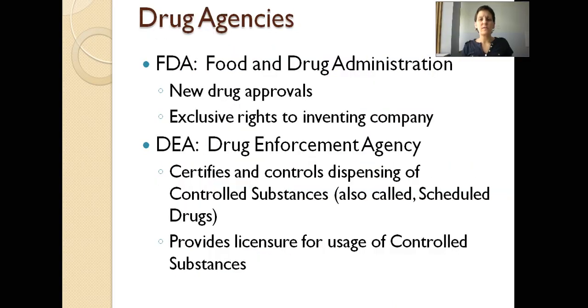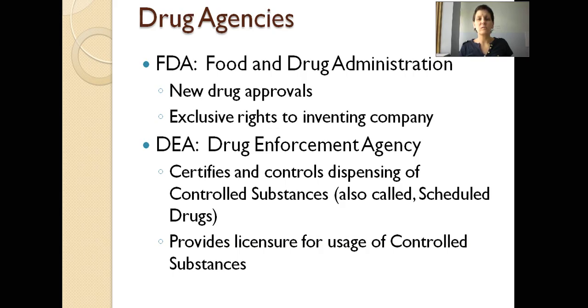2 of the agencies that we'll commonly talk about when we are talking about pharmaceuticals are the FDA and the DEA. FDA stands for Food and Drug Administration, and they are responsible for approving new medications for sale on the market, and they also grant exclusive rights to an inventing company so that they can try to recoup some of the cost that went into inventing the medication.